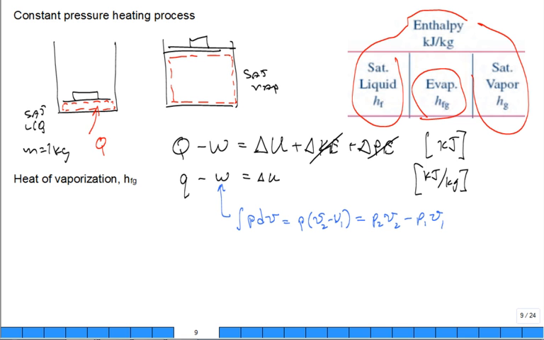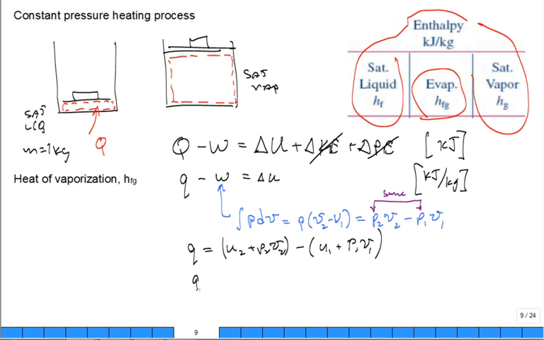I mean, P1 and P2 are the same. So when it's convenient, I'll say it's P2. When it's convenient, I'll say it's P1. So what we find with a little algebra is q is equal to u2 plus P2V2 minus u1 plus P1V1.